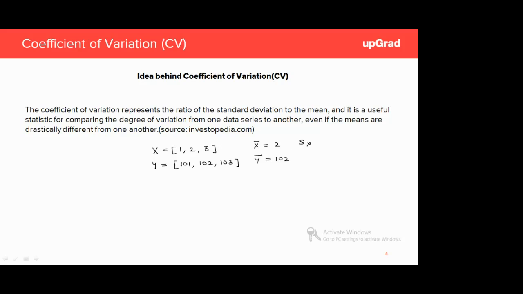The standard deviation for the first series would be 1, and the standard deviation for the second series would be 1. Now given the list of numbers with the mean and the standard deviation, can you find out which particular series is having more fluctuations?